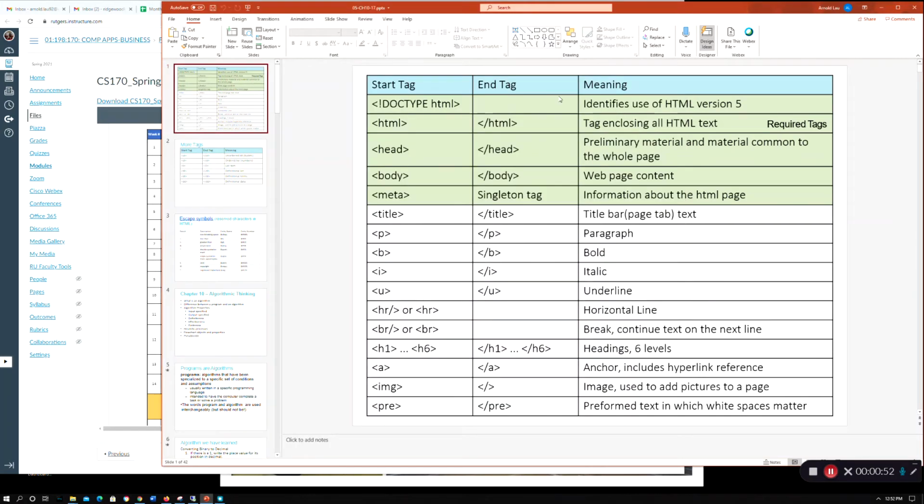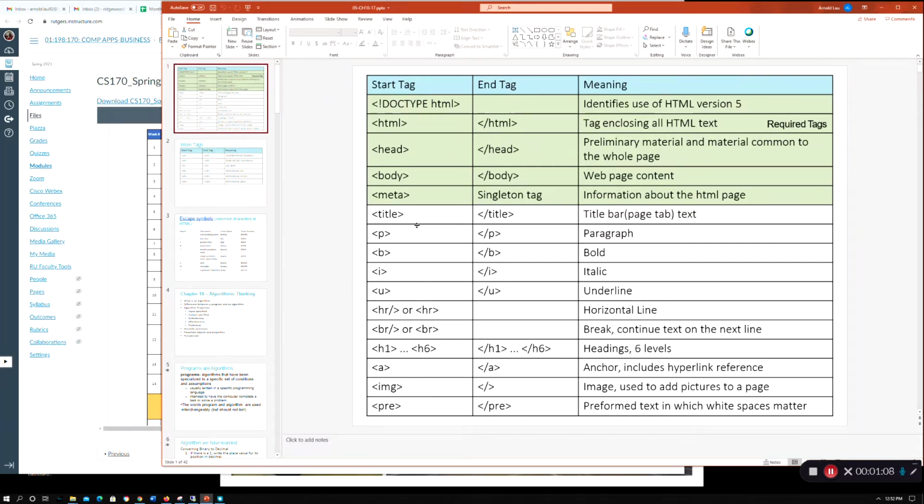So I have this, and before we start, just a quick reminder, you'll see these are all of the different tags and whatnot that are in scope for what we're doing. So do take a look at these things.